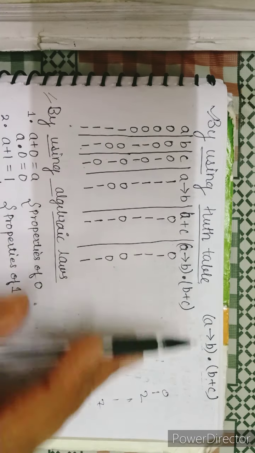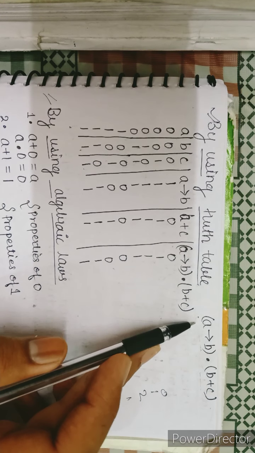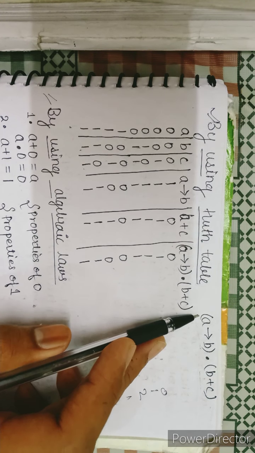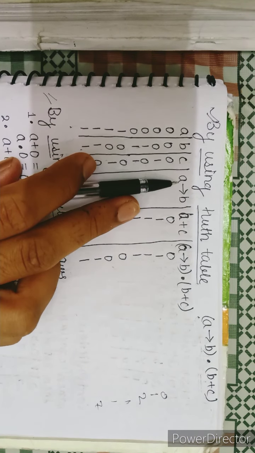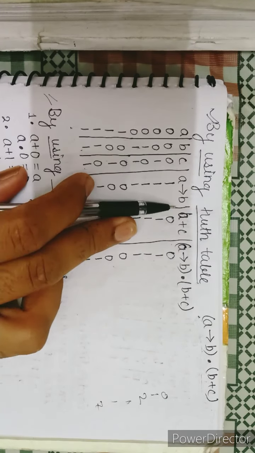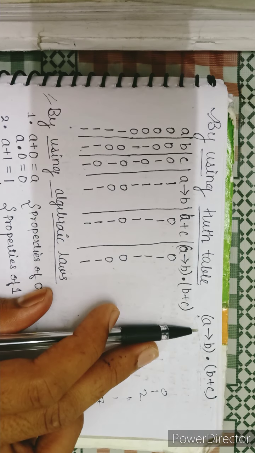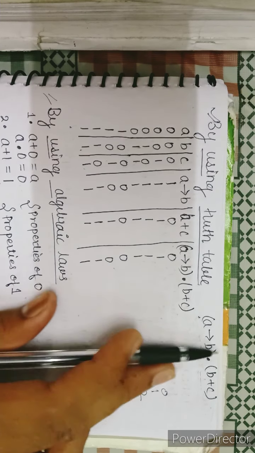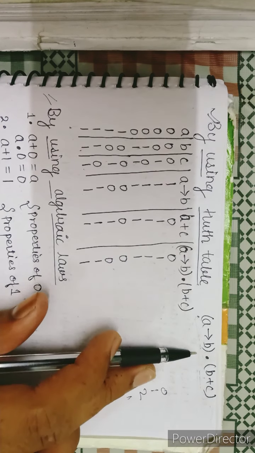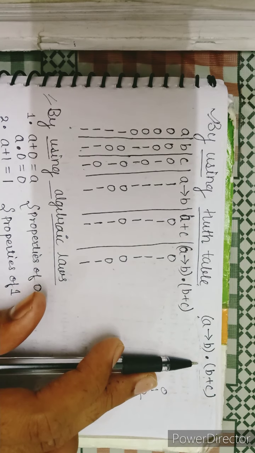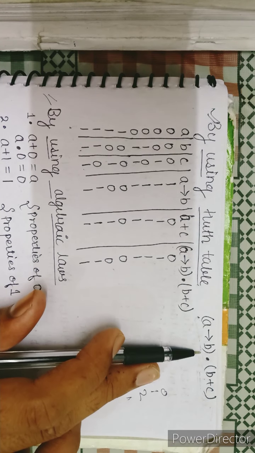Now we will deal with it part by part. As we can see, this is the first part and this is the second part. So a implies b. In my last video I told you how to handle a implies b. Only when a is true and b is false will the result be false.